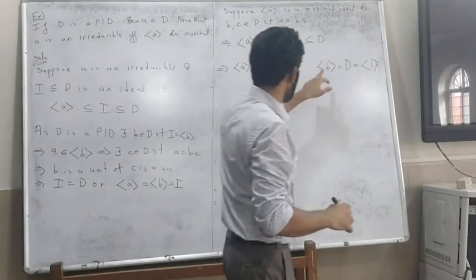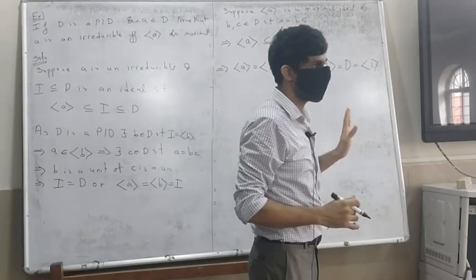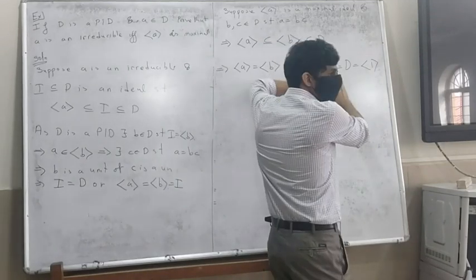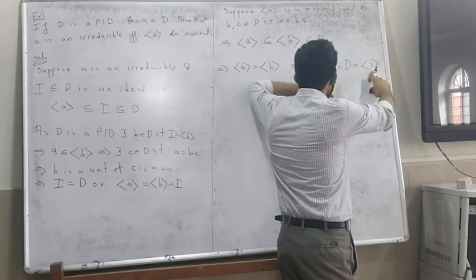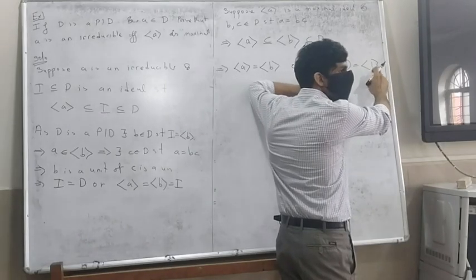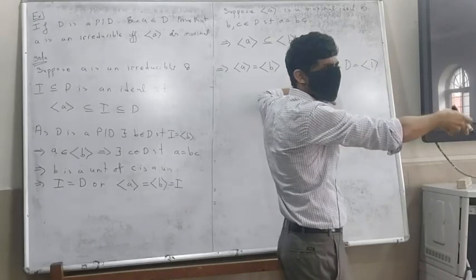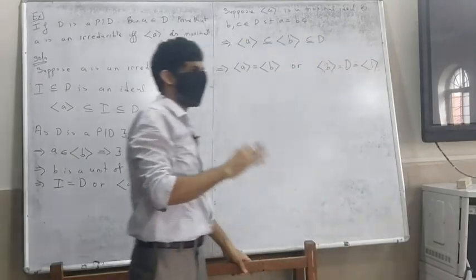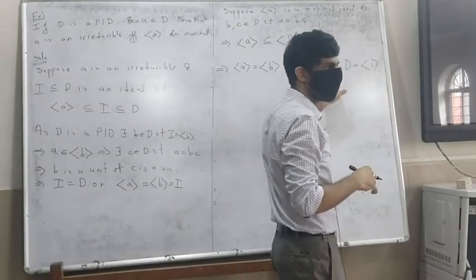Here this tells you that B is a unit. Why? Because the ideal generated by B is the same as the ideal generated by 1, which means that B and 1 are associates. That means B is a unit times 1, which is a unit. So therefore, B is a unit.